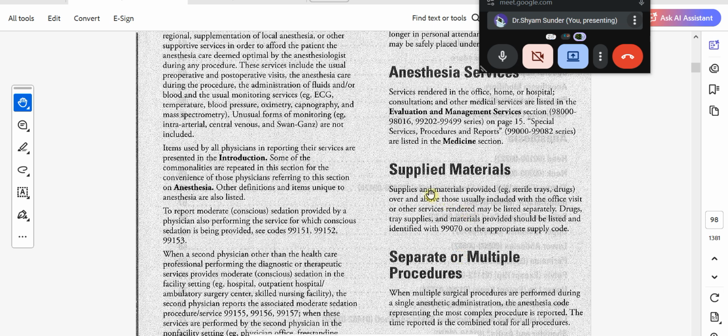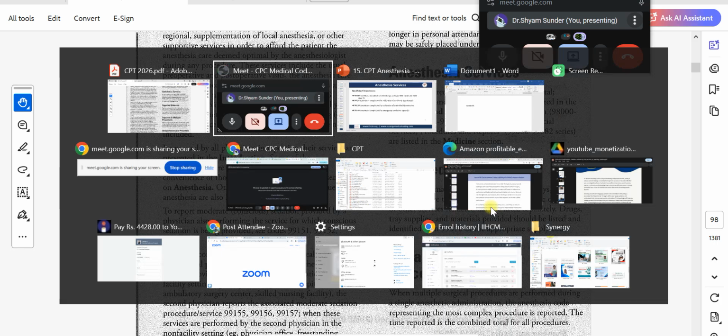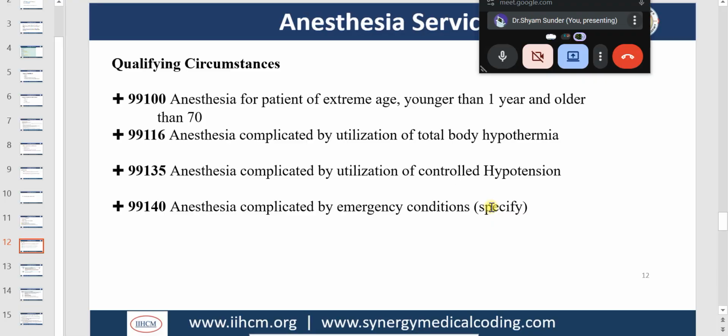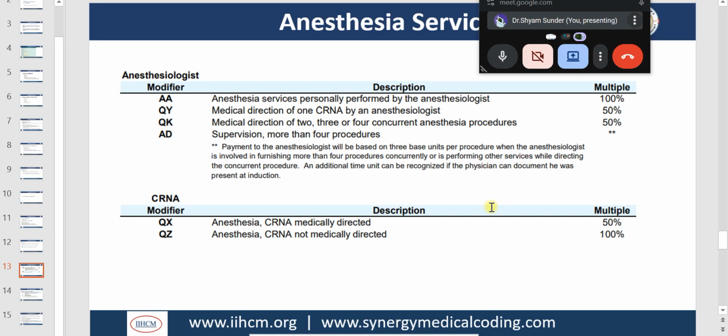What I'm trying to say is that materials are the responsibility of the facility, the hospital, but we are coding here for the professional service of the anesthesiologist. Okay, you can ignore that. That's fine.